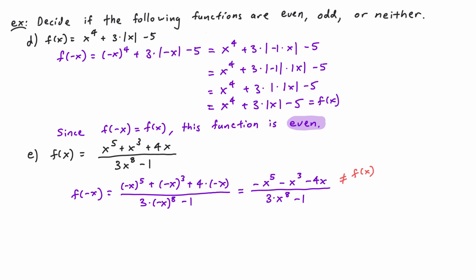So let's take a moment and think about what negative f of x would look like. It would be negative of x to the fifth plus x cubed plus 4x divided by 3x to the eighth minus 1. Now this negative in front of our fraction means we're taking negative 1 and multiplying it to the fraction x to the fifth plus x cubed plus 4x divided by 3x to the eighth minus 1.